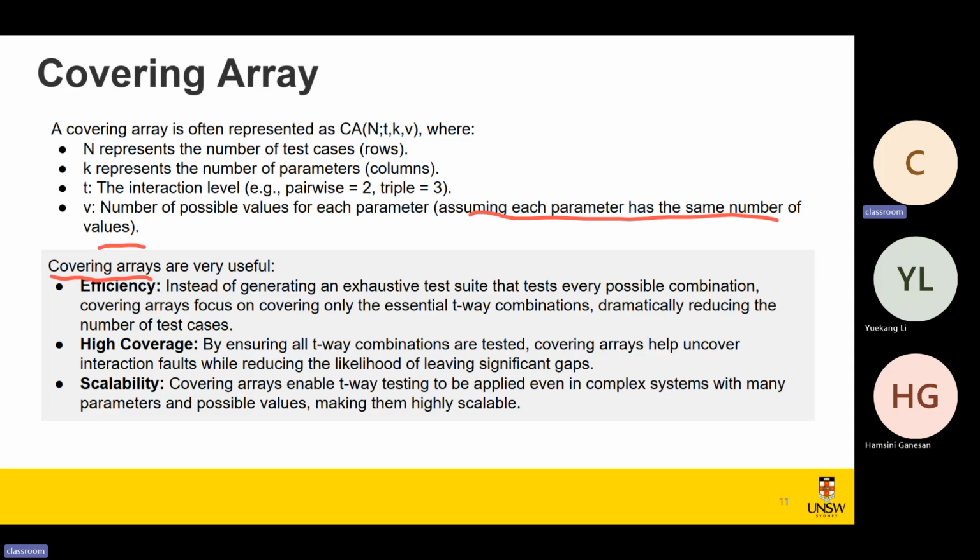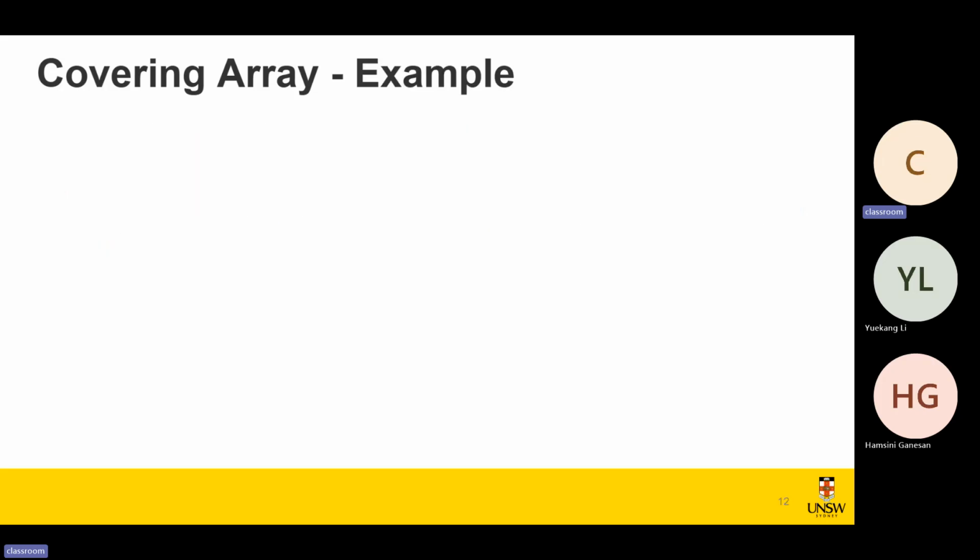Let's use an example to see why it is useful and to practice the concepts we have learned. Suppose we have this covering array here. For now, let's assume we don't know the number of test cases we need.